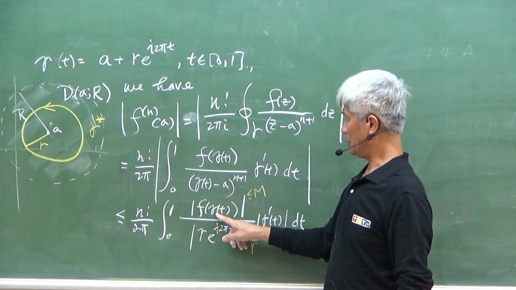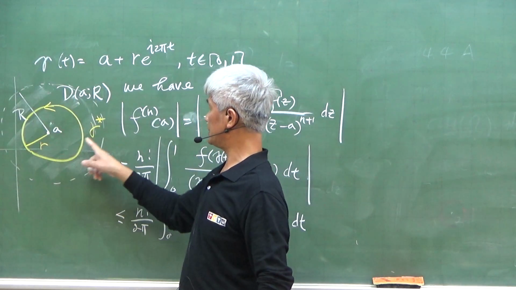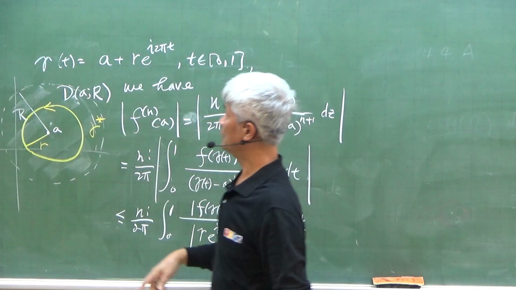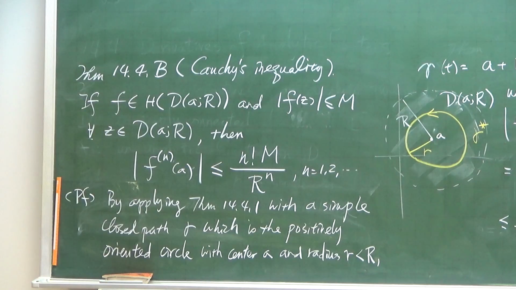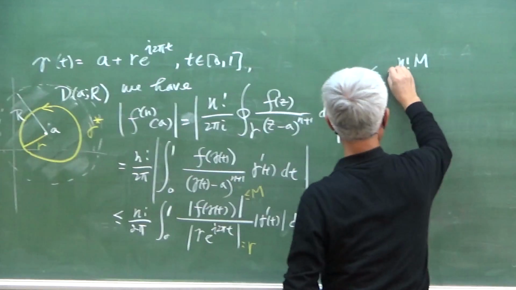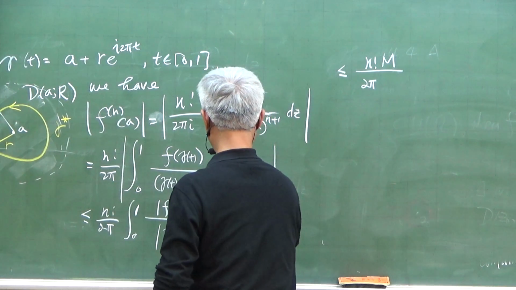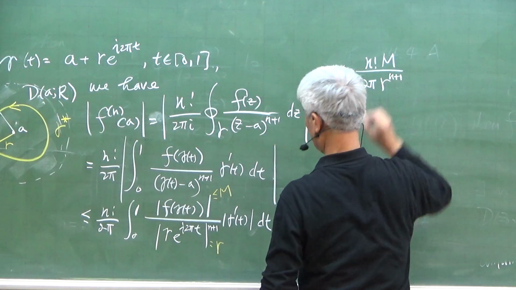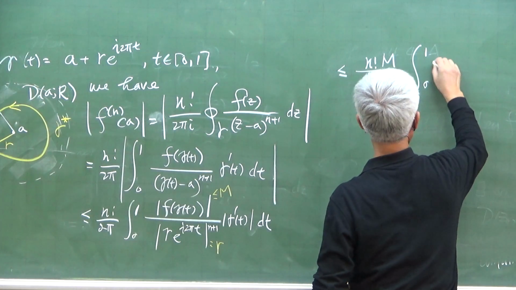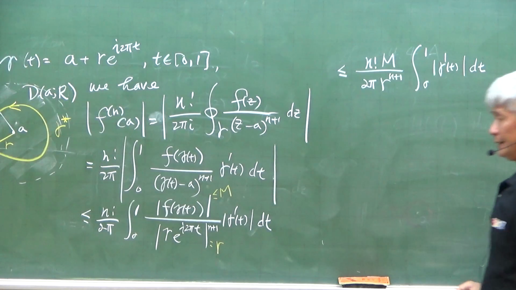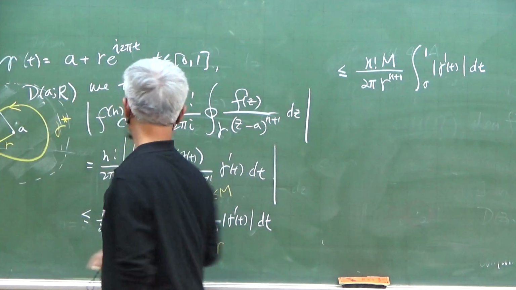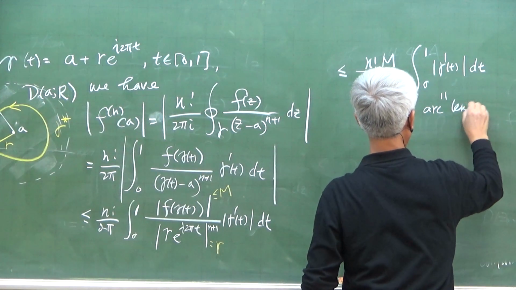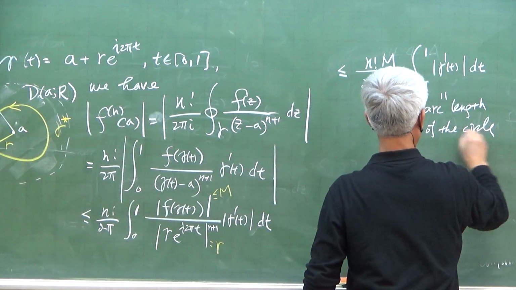Because the range of the simple closed path gamma star is in the disk, and in this disk the absolute value of the function is upper bounded by M. So we have n factorial big M over 2 pi, r to the n plus 1, times the integral of 1 dt, which is the arc length of the circle.